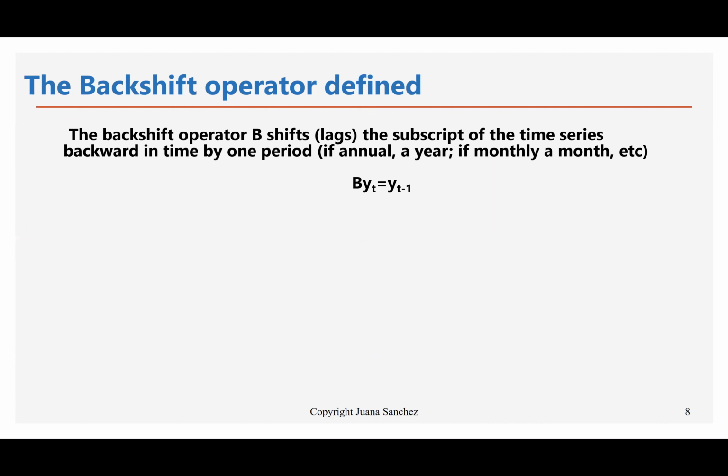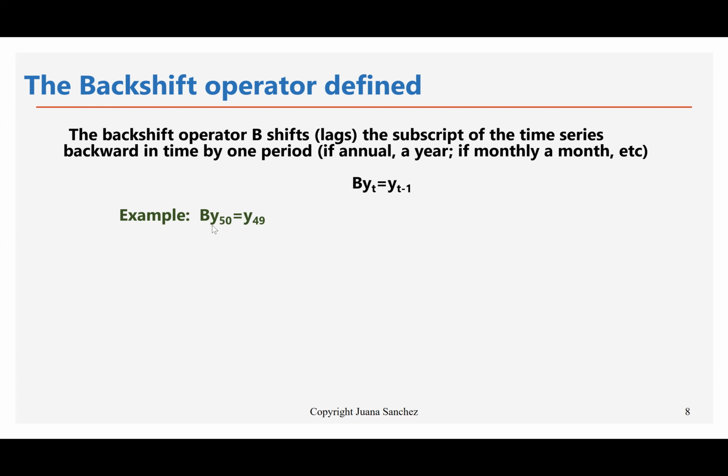The backshift operator shifts or lags the subscript of the time series, the index, backward in time by 1 period. So if the data is annual, it will be a year. If it's monthly, it will be a month. It will put us 1 month behind. So the backshift to the first power just lags the variable by 1, okay?